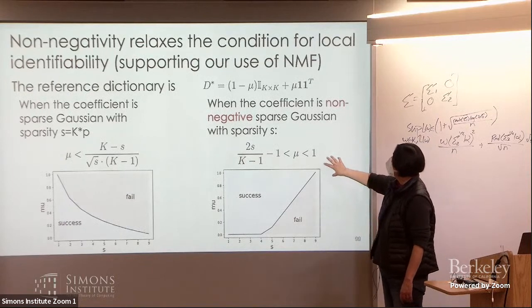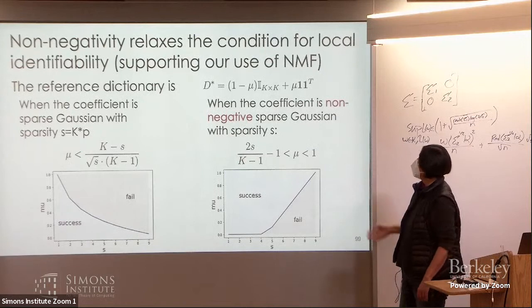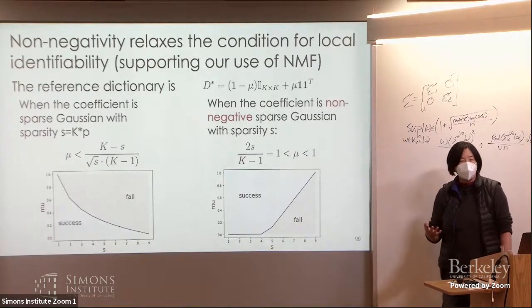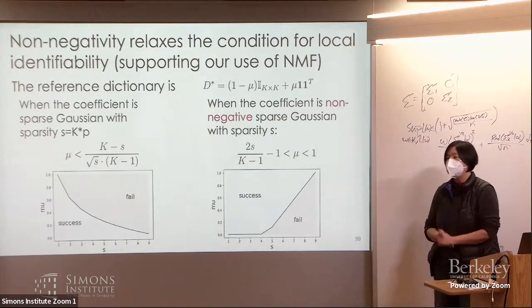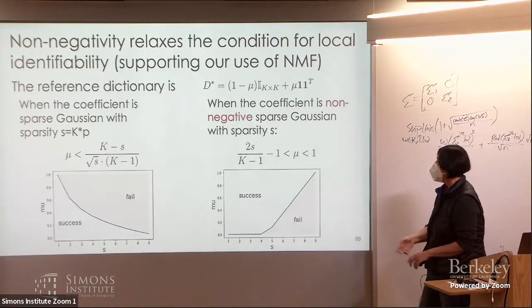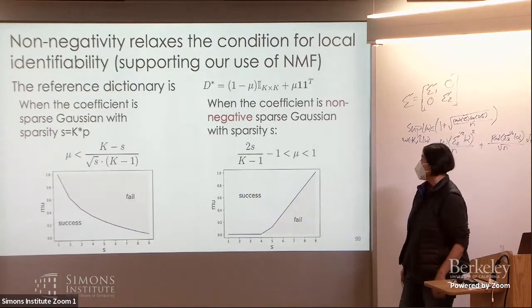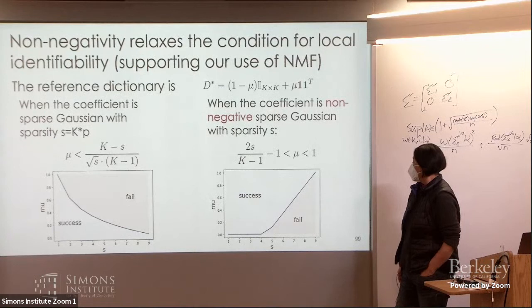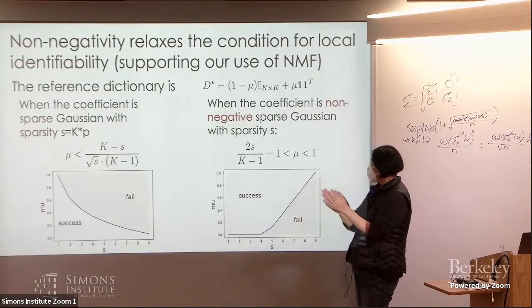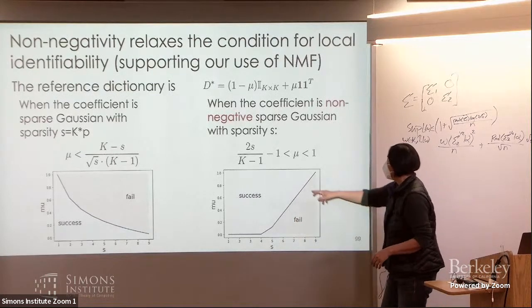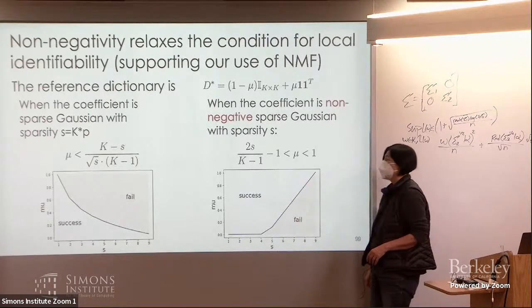But the interesting bit is if you have a non-negative Gaussian, because remember we want to go to non-negativity, because we end up using non-negative factorization. And you have a weird thing going on here: when you have very dense coefficients and mu is high, it helps instead of hurts.